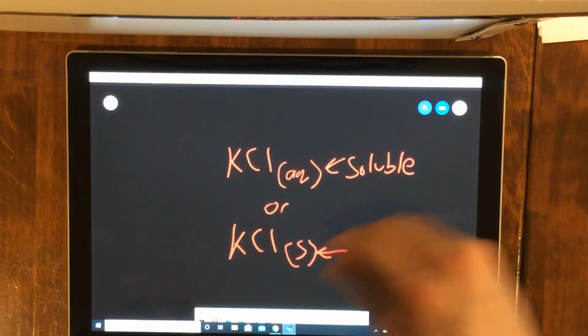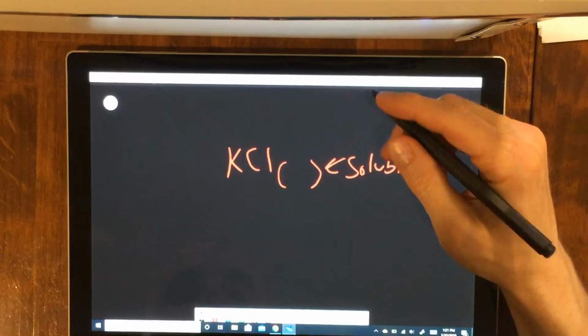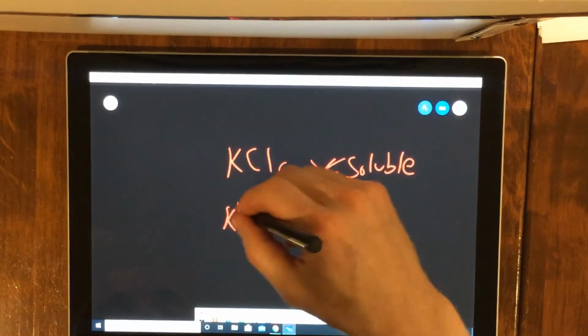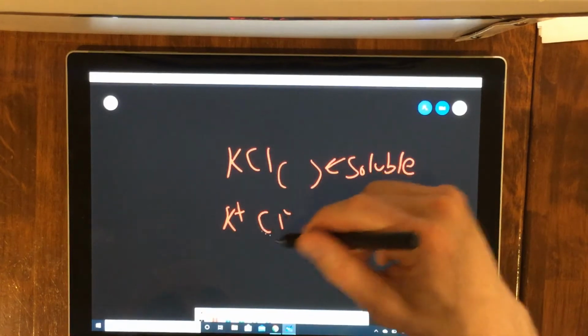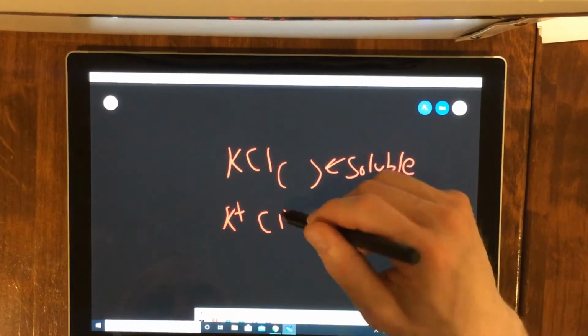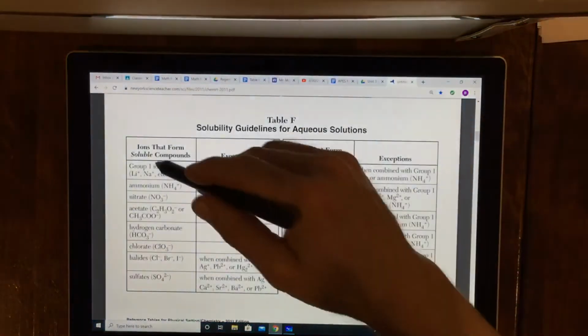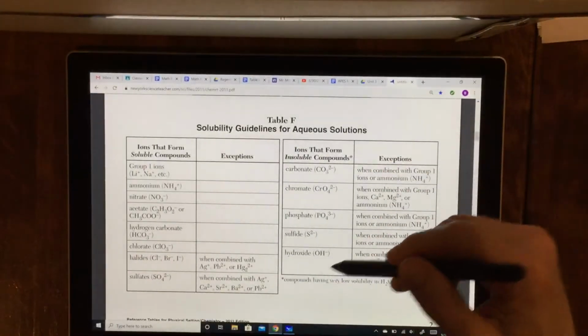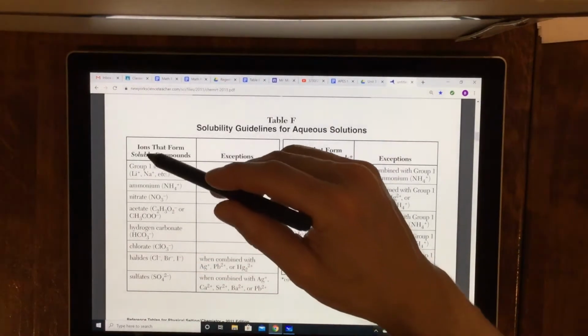So we're going to use table F to figure out, is it solid or aqueous, right? Here's how I do it. I have K plus, Cl minus. So Cl minus is what I always tell kids to look up. Always look up the anion. So we're going to go to table F, and we see, okay, Cl minus is right here. So Cl minus should be soluble.